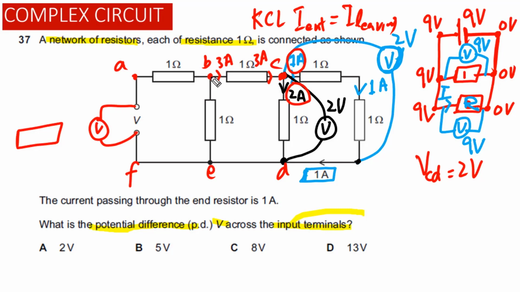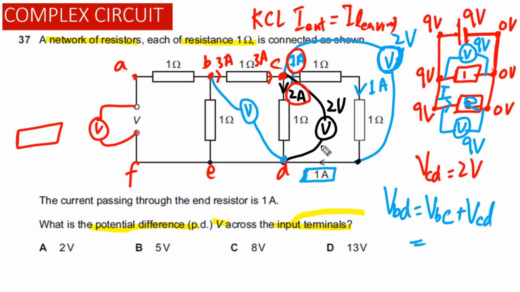If we attach a voltmeter at point B and at point D, what will be the reading on that voltmeter? Let's say we attach voltmeter between these 2 points, between points B and D. So BD will be equal to the voltage across BC plus the voltage across CD.